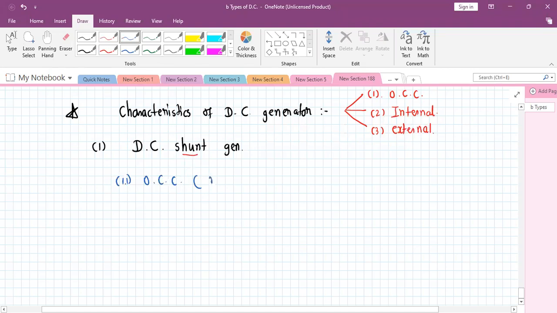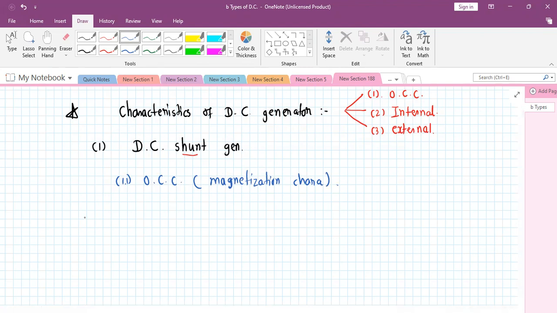What is the name? Magnetization characteristic. First of all, remember that whenever you discuss the open circuit characteristic, it may be for a DC shunt or a DC series.